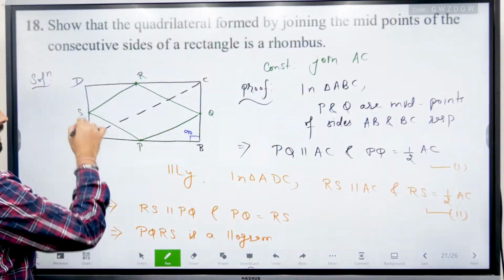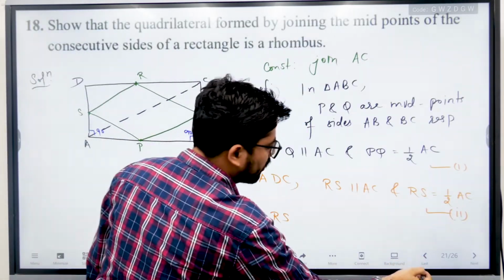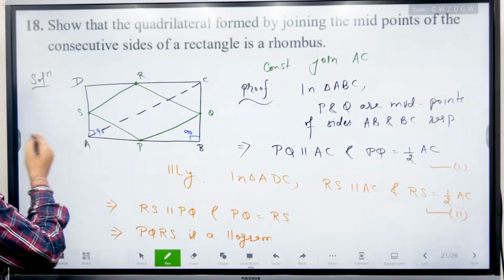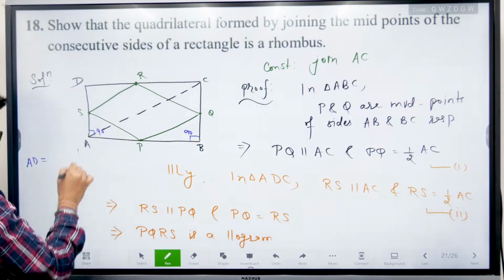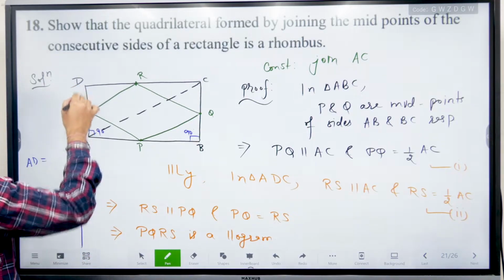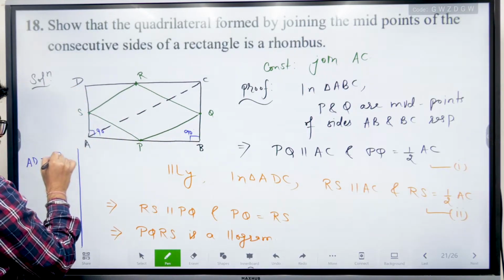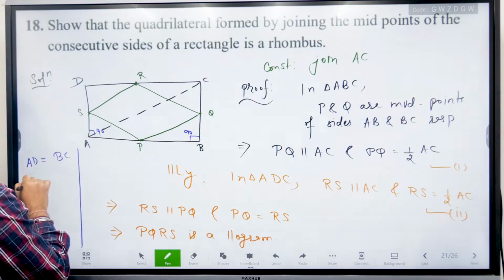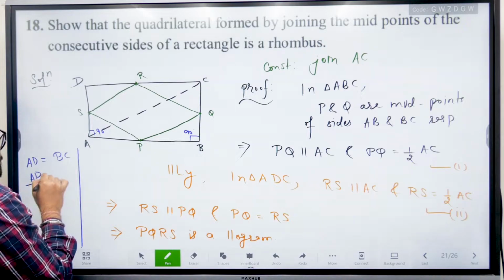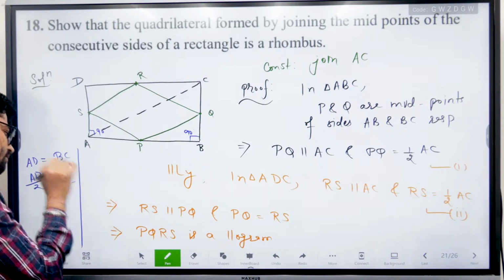Next one is AS is equal to BQ. Why? Because we know AD is equal to BC. Opposite sides of a rectangle are equal. So AD by 2 is equal to BC by 2 also.